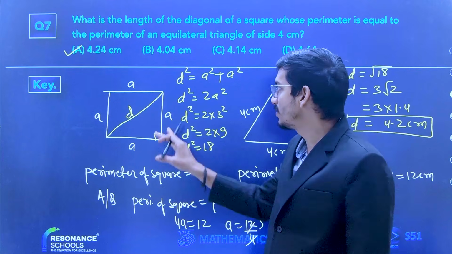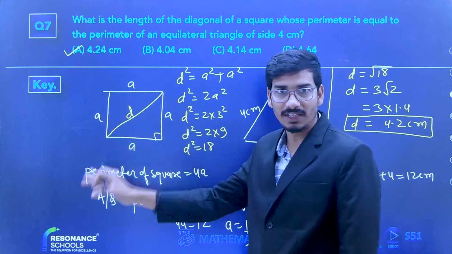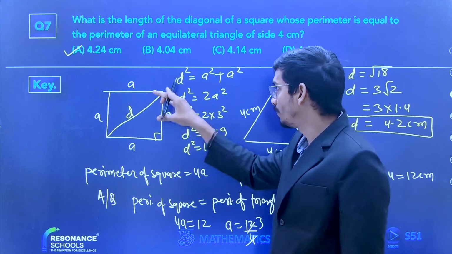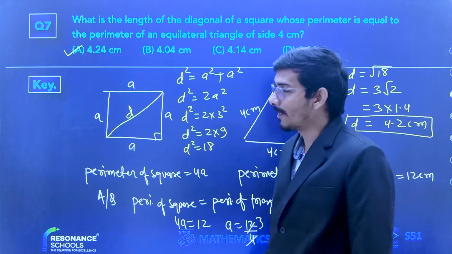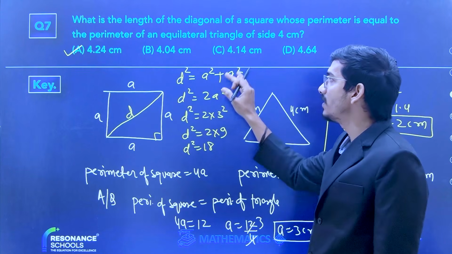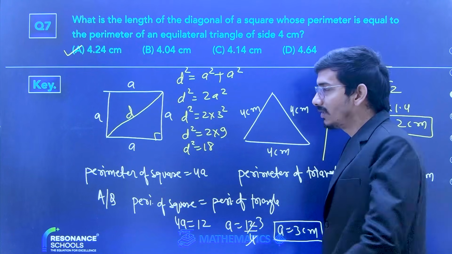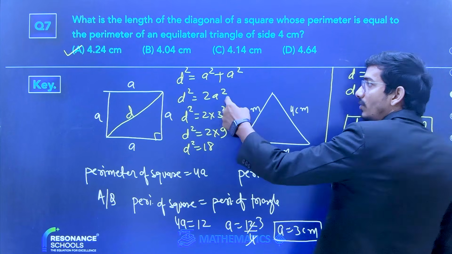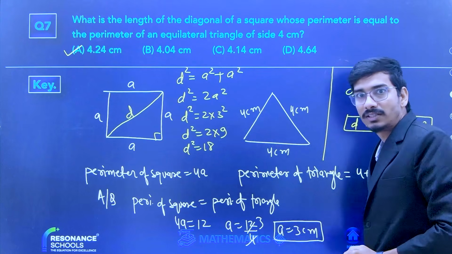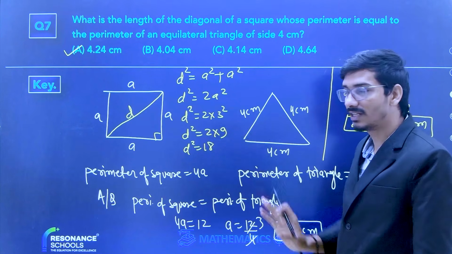Hypotenuse square, that is D square, equals perpendicular square plus base square, that is a square plus a square. That is 2a square, and a is 3. So 2 into 3 square, that is 2 into 9, which is 18.